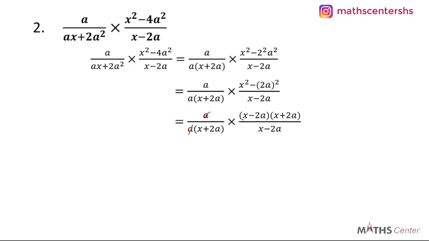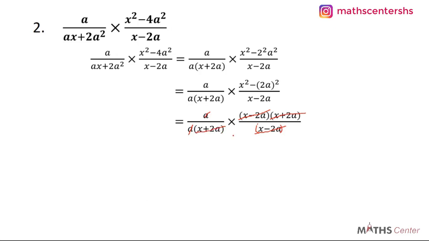Now when you come here, we have x minus 2a as a common factor. We have x minus 2a here, so x minus 2a here can cancel this x minus 2a. Now when we come here, we also know that we have x plus 2a here, and we have another x plus 2a here. So x plus 2a on the numerator can cancel x plus 2a on the denominator.